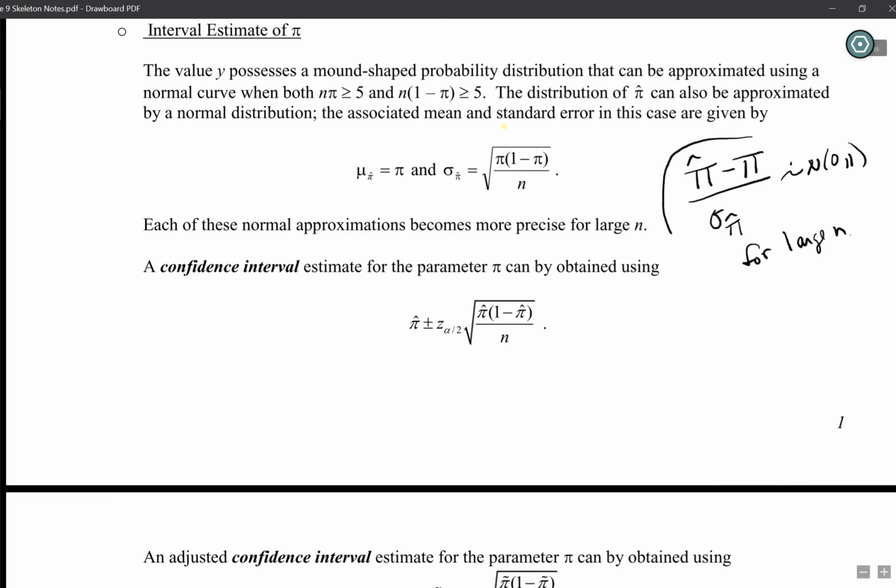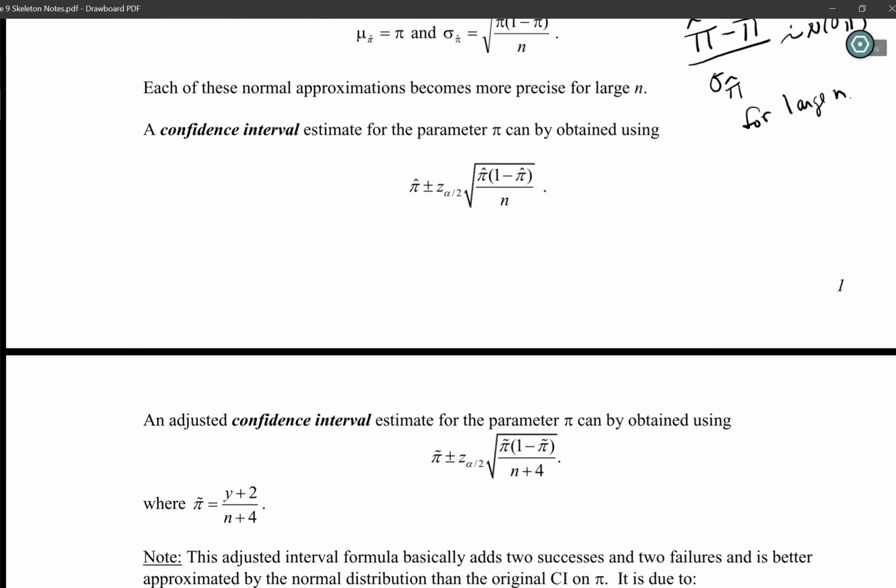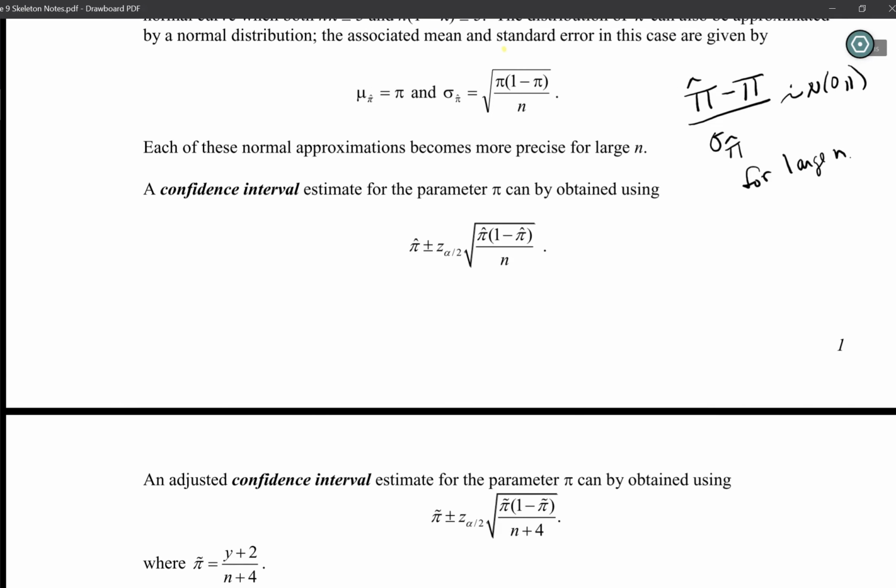This statistic is the basis for a confidence interval estimate, just like when we were doing inference on a population mean, this statistic was the basis for that inference.